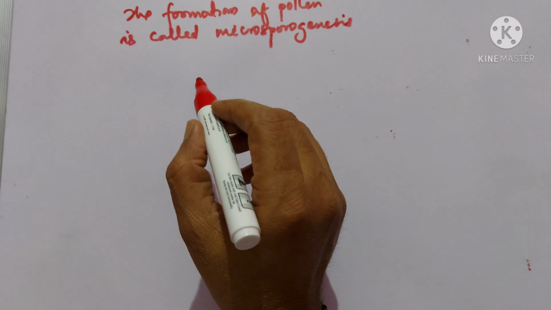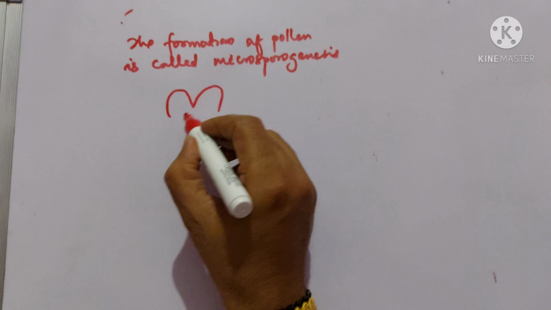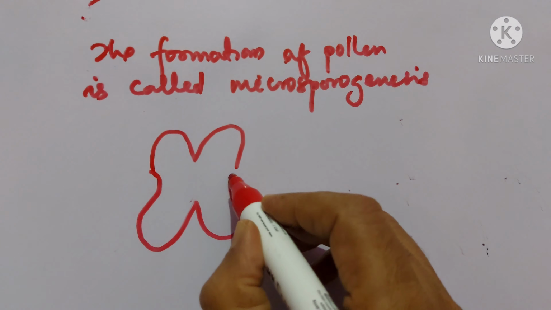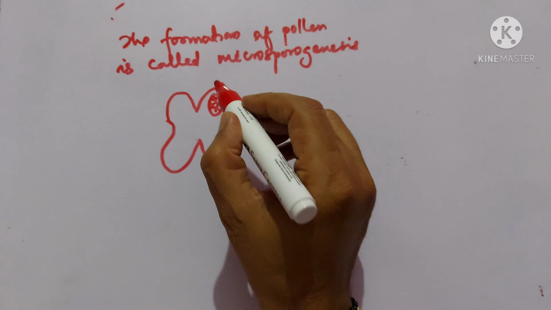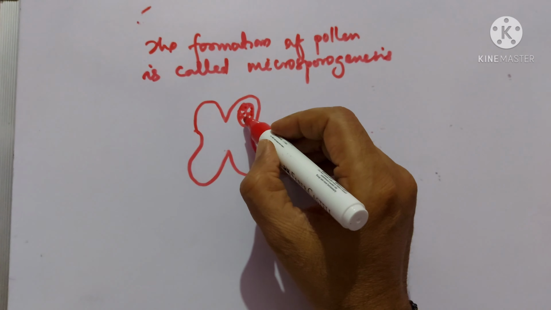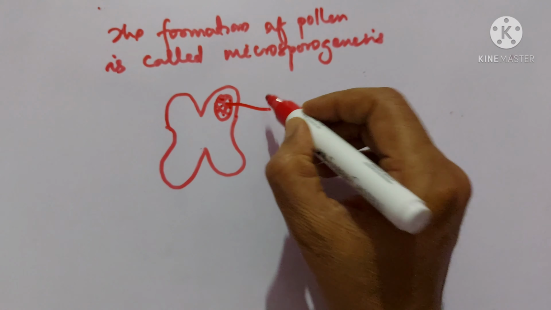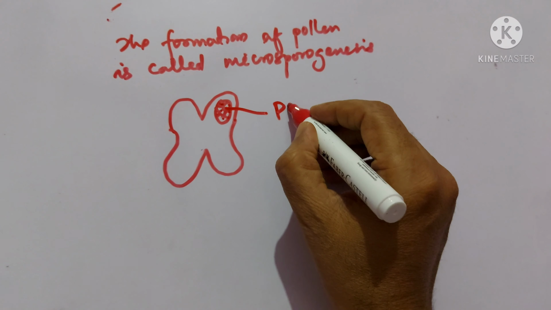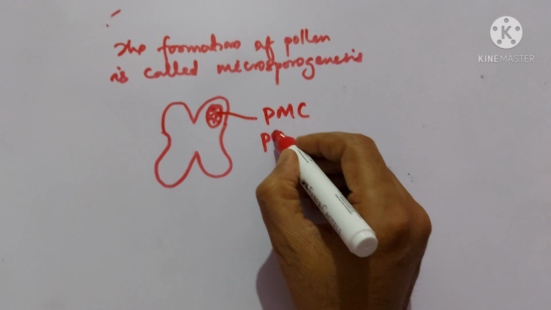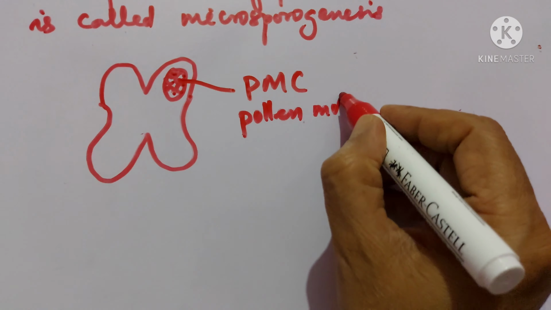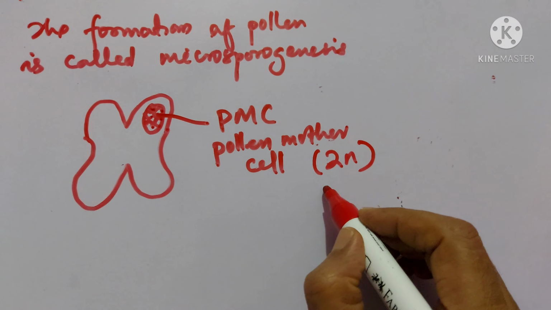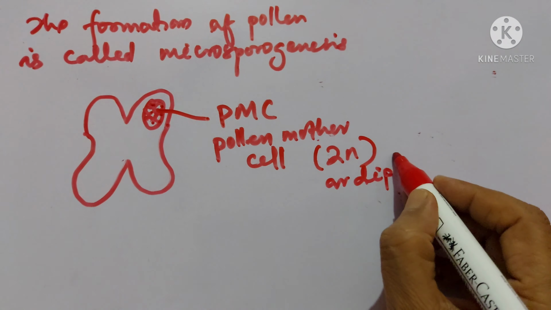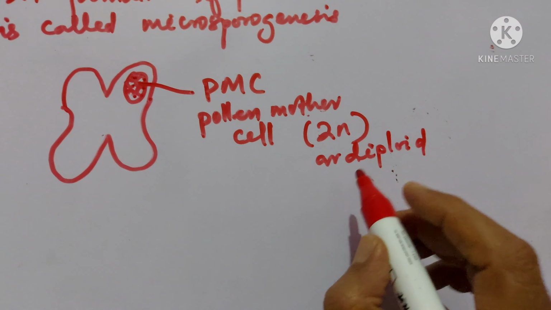So in this process, the cells which are present innermost are called PMC, pollen mother cell. This pollen mother cell is 2N or diploid in respect to chromosomes.